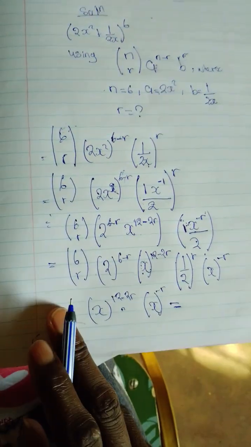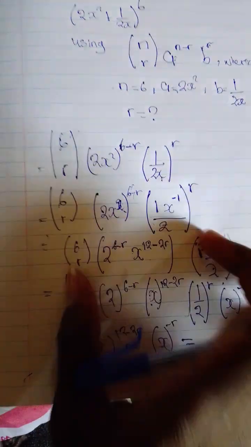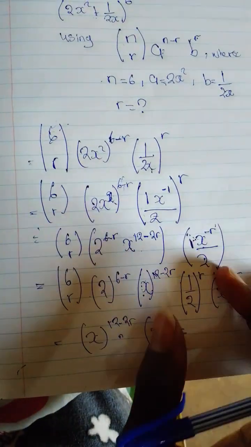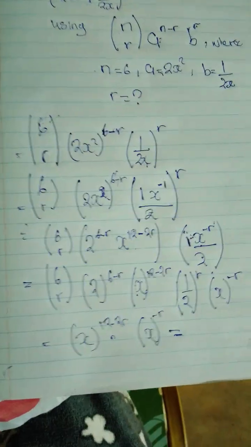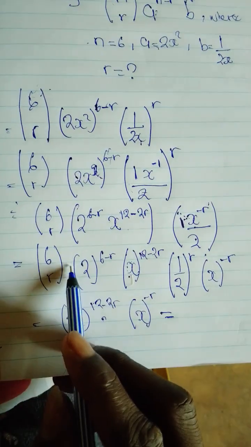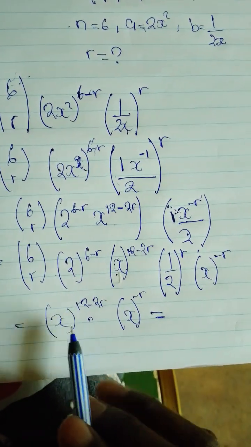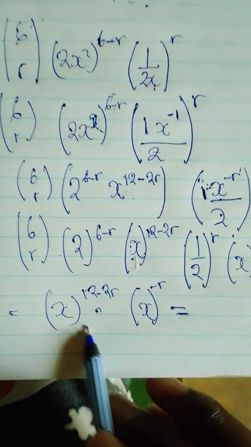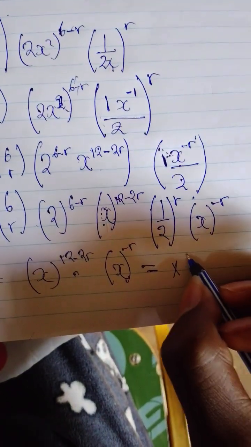The reason why we were separating this was for us to come up with these x's. I wanted to multiply the x's alone. So for now you can forget about this and this. Let's focus on the x's. Here, when multiplying the x's, always equate them to x power 0.